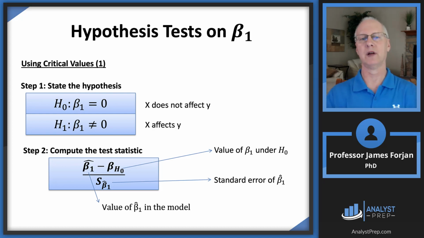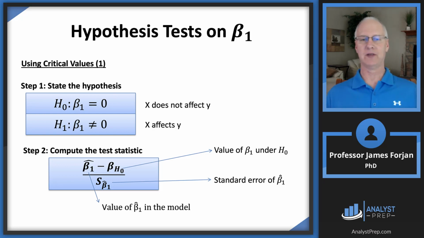Notice to the right of the top blue box, X does not affect Y. The alternative hypothesis is the rationale for the economics and the fundamentals of the creation of our original model, which says that beta 1 is not equal to 0, might be greater than, might be less than. Remember, that slope coefficient could be positive or negative.